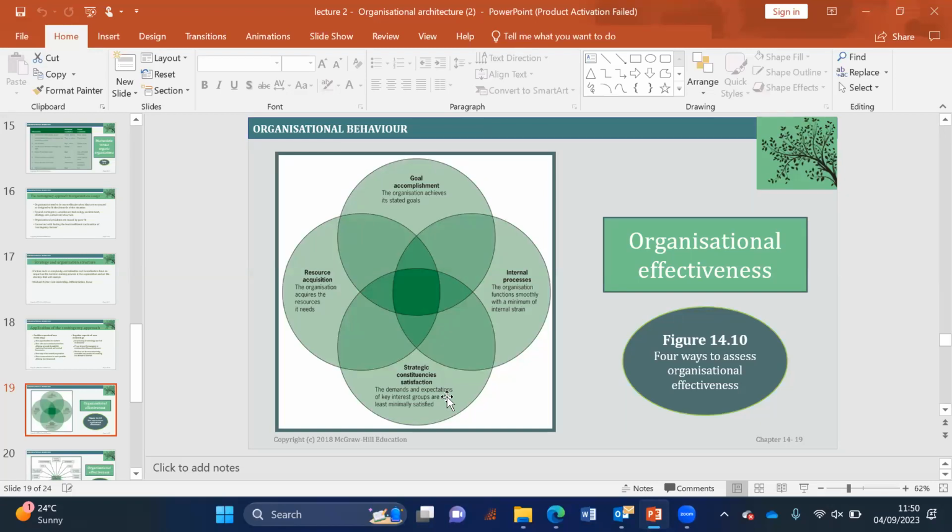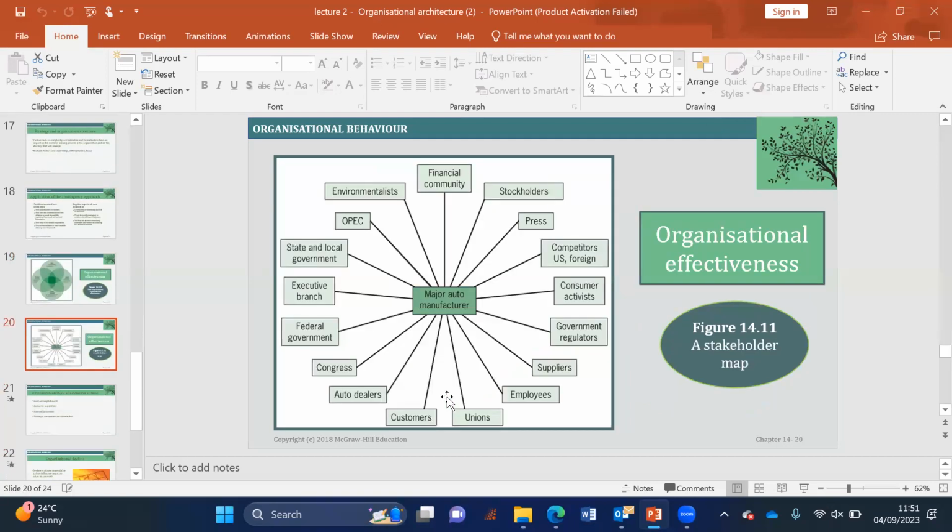Strategic constituency satisfaction, that means people who have interest in the group and the company, like the stakeholders, are they satisfied or not? And then there's resource acquisition. Is the organization able to acquire all the resources it needs? It could be human resource, it could be capital, it could be anything. Is the organization able to do it or not? If all of these are positive, that means the organization is effective, it's doing well.